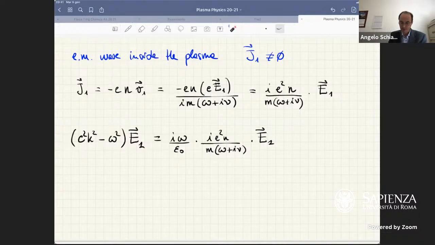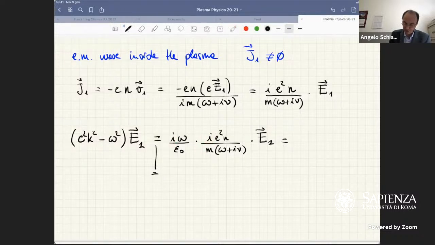Let me see if there's something missing. Okay, just the sign, but that is not what I was expecting. Okay, let's move on. So we have a minus here. i times i squared makes minus 1.